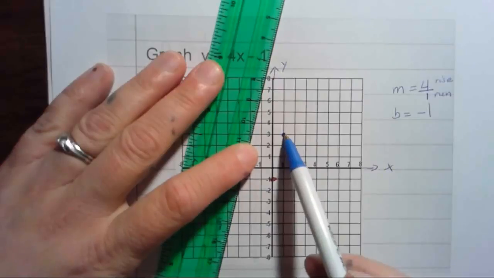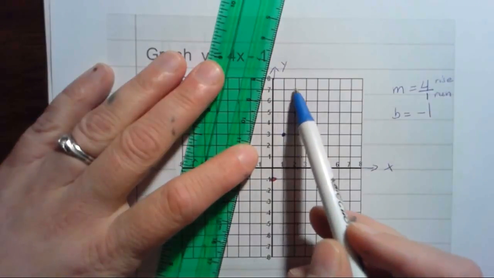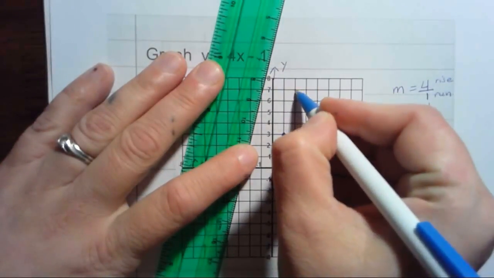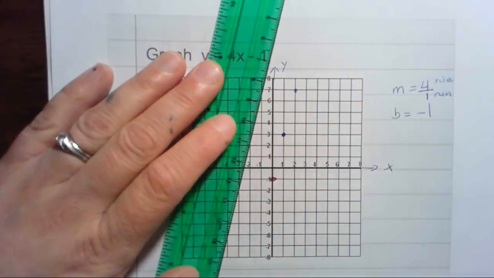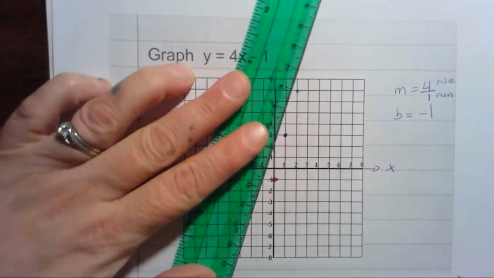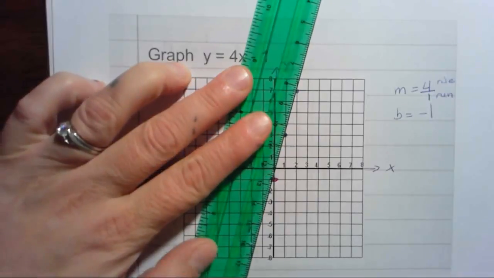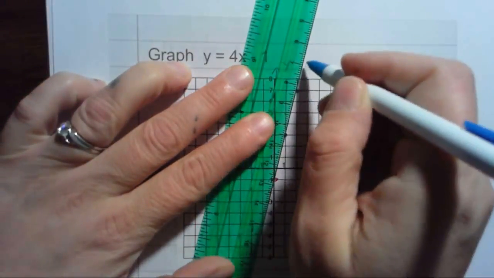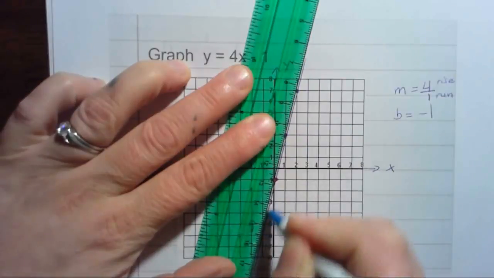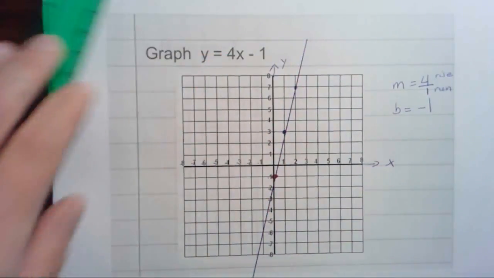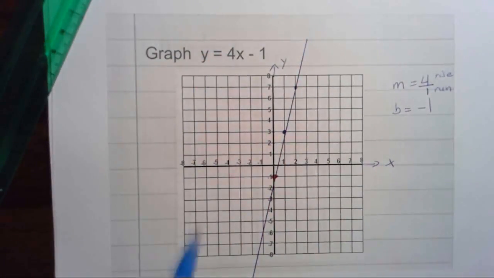So from that point right here, I can also go 1, 2, 3, 4 over 1. Okay, so now I have 3 points, and I can make a better line. See, there you go. And voila, I drew a line. And the equation for that line is right here.